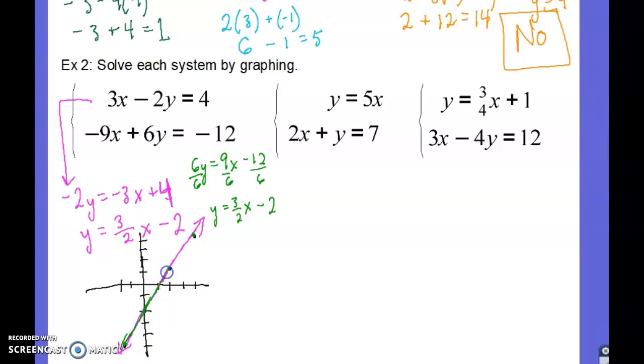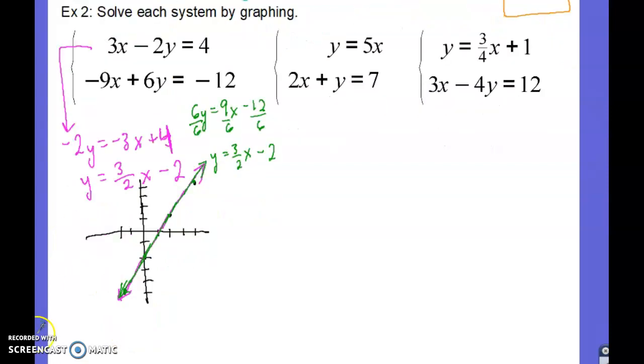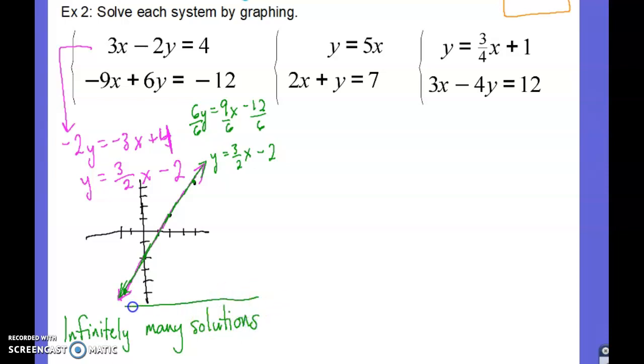The two lines are identical. So what does that mean for this system? This line is the correct answer, and we would use the phrase that there are infinitely many solutions. Every point on the line works for both equations, because that's where the two lines intersect, everywhere.